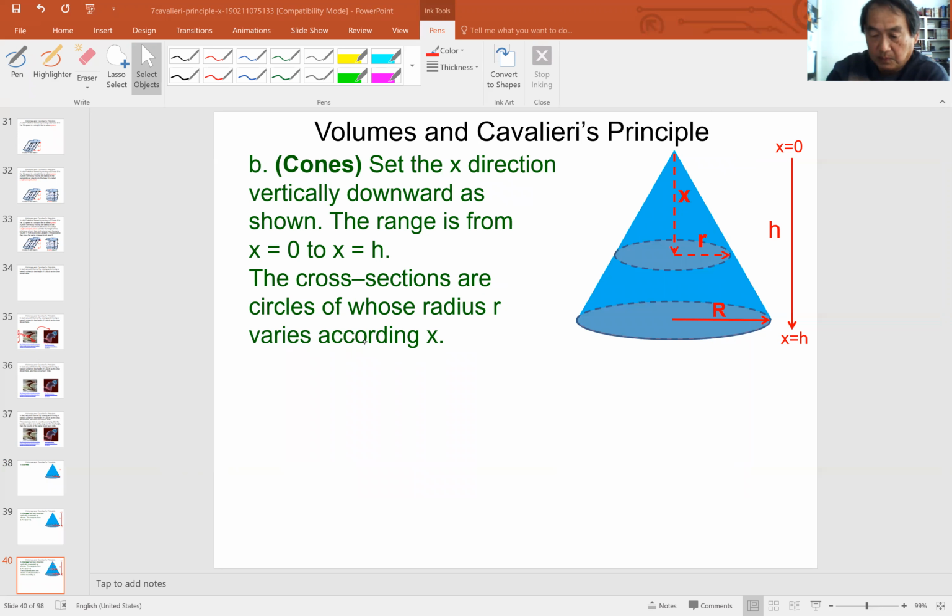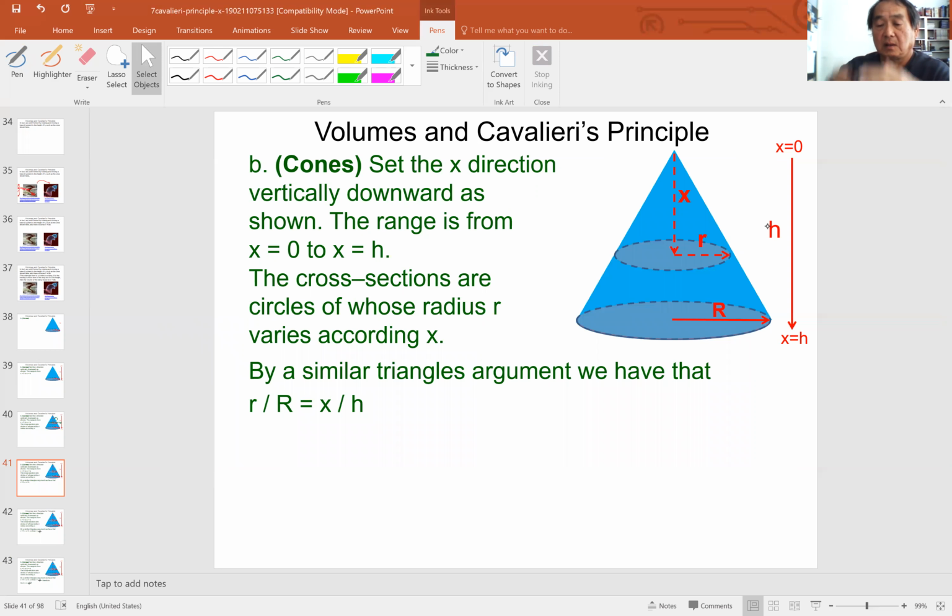I ask what the radius r is as a formula in x, because I want the cross-sectional area to get the volume.